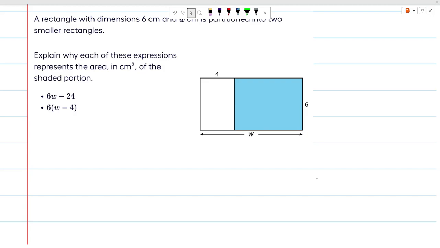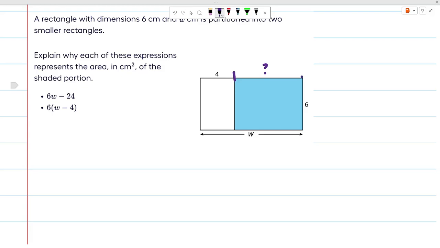So first, let's look at the diagram and get some ideas about what's going on. Here we have the length is 6 centimeters, and this entire length is W, and we have 4 here. So one thing we'll want to notice is what's the length of this segment, from 4 over to the other edge?